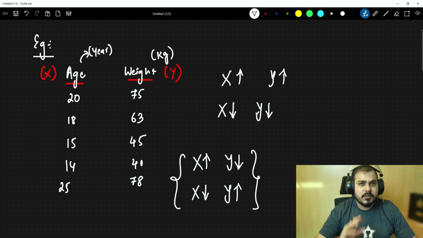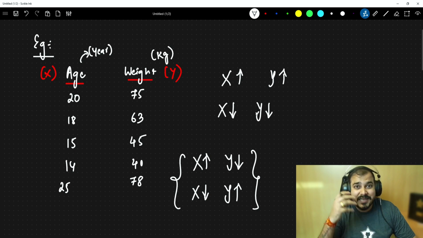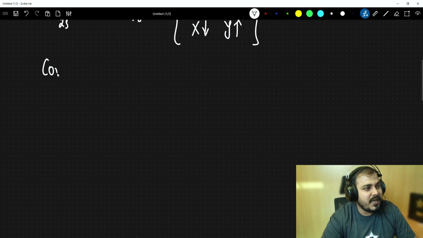Now, if I really want to quantify this kind of property in some numerical relationship, at that point of time, I can definitely use covariance. So I'll just write it down over here, why I will specifically use covariance.